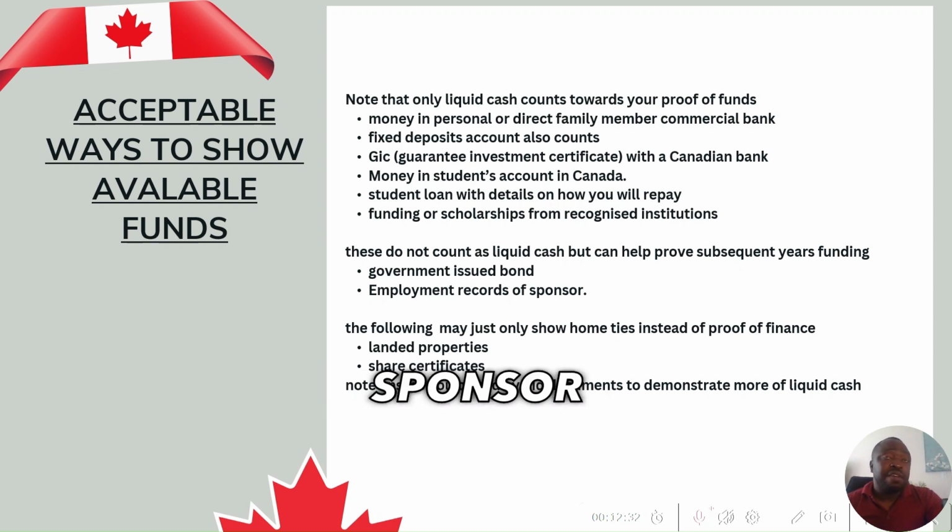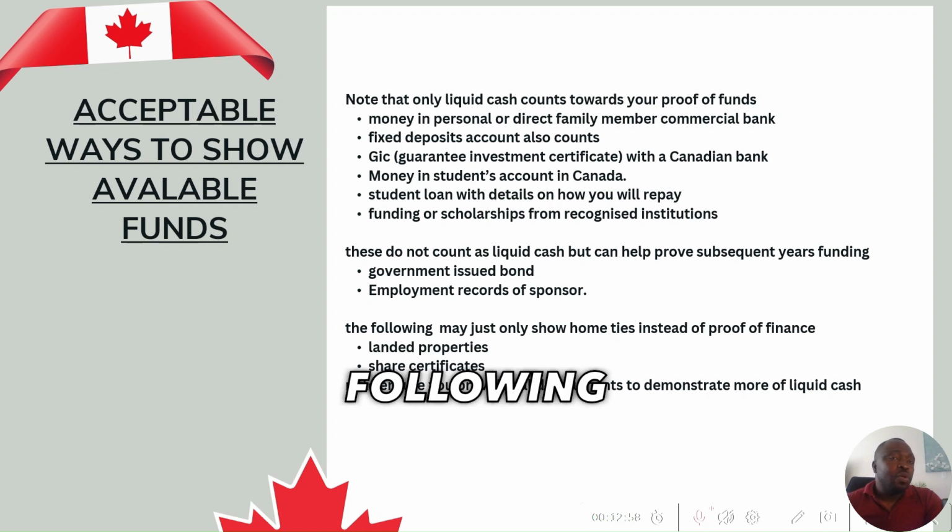Let's say your sponsor has an employment and the HR says he or she earns X amount, and with what they earn a year, they can conveniently pay for your education. So all those count as viable proof of funds, an acceptable way to show available funds.